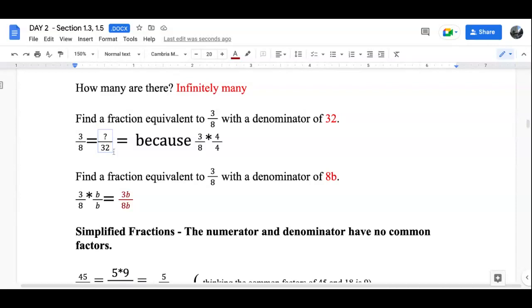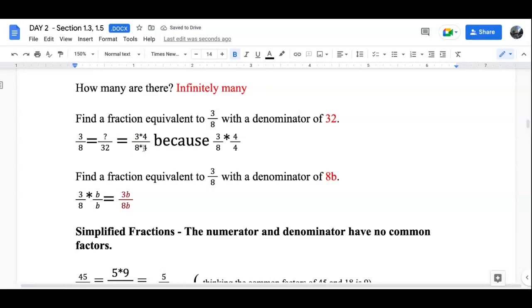That's 8 times 4. So that means we'll have to multiply by 4 in the numerator as well. Right. So 8 times 4, 3 times 4. Because 4 times 8, that's 32.